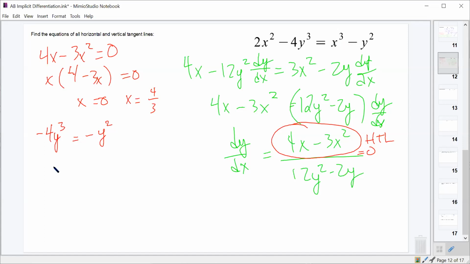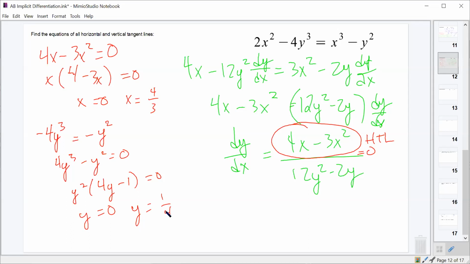And then we'll solve this to get 4y cubed minus y squared equals 0. We'll factor out the y squared times 4y minus 1 equals 0, so y equals 0 and y equals 1/4. So far, good with that?